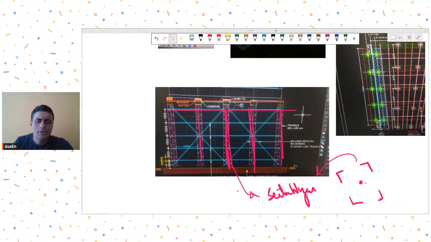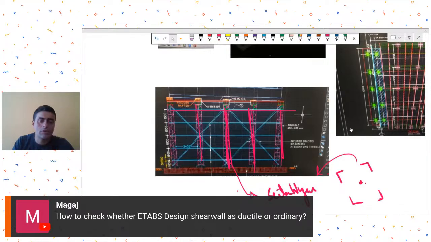So before jumping right away into it, I request you to first have a look at some design documents. Maybe you could take some documents from some previous projects or from some engineers. Try to study the arrangement first, and then model it, analyze it and design it.